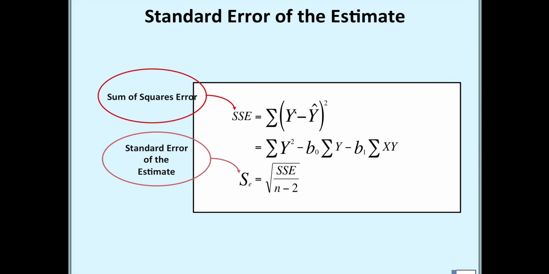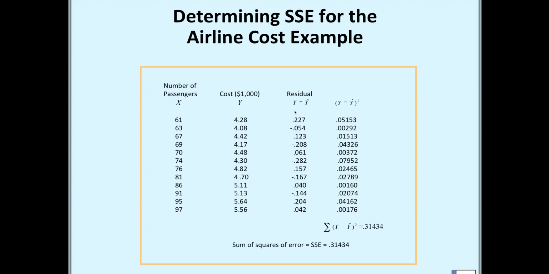Okay, so now I assume you've already done your homework and wrote it on a piece of paper. So let's find the standard error for the airline data. I just want to remind you that SSE was the summation of y minus y hat squared.